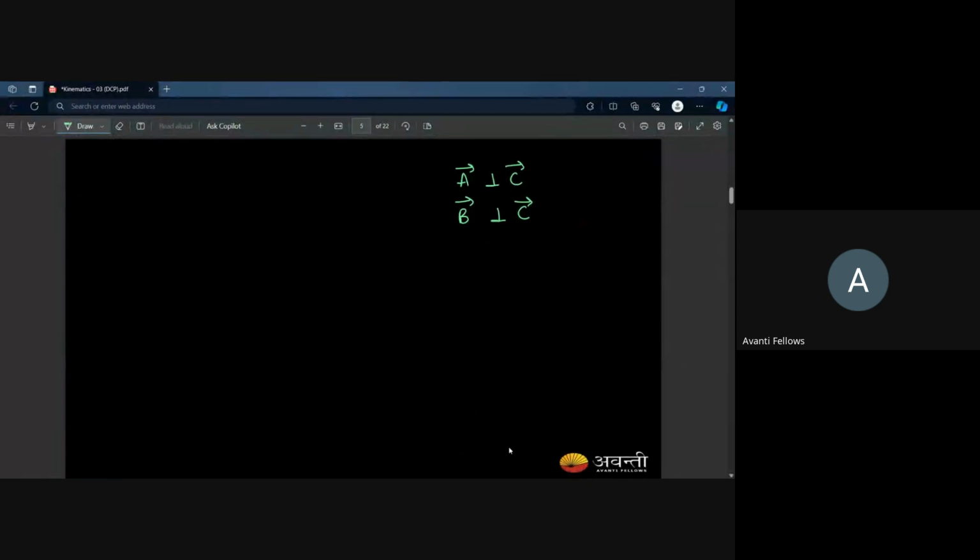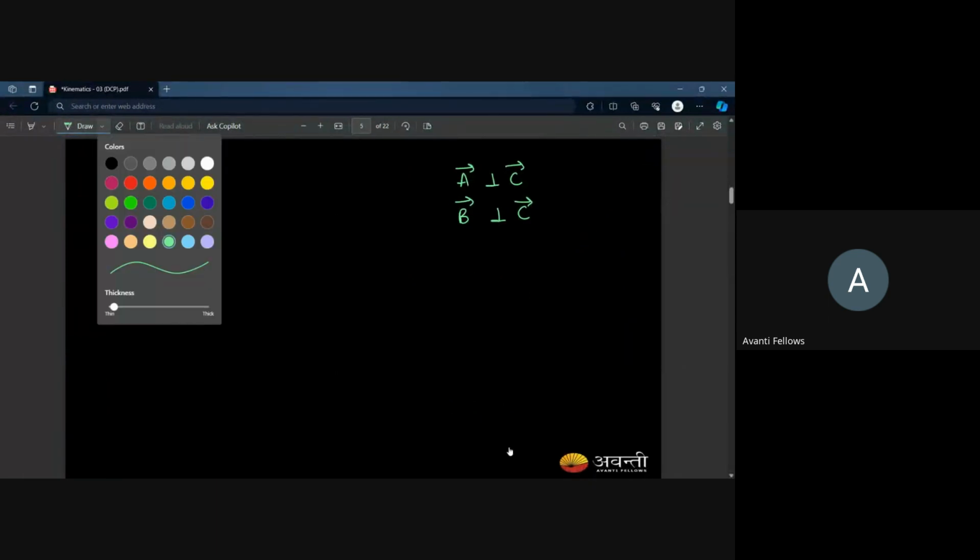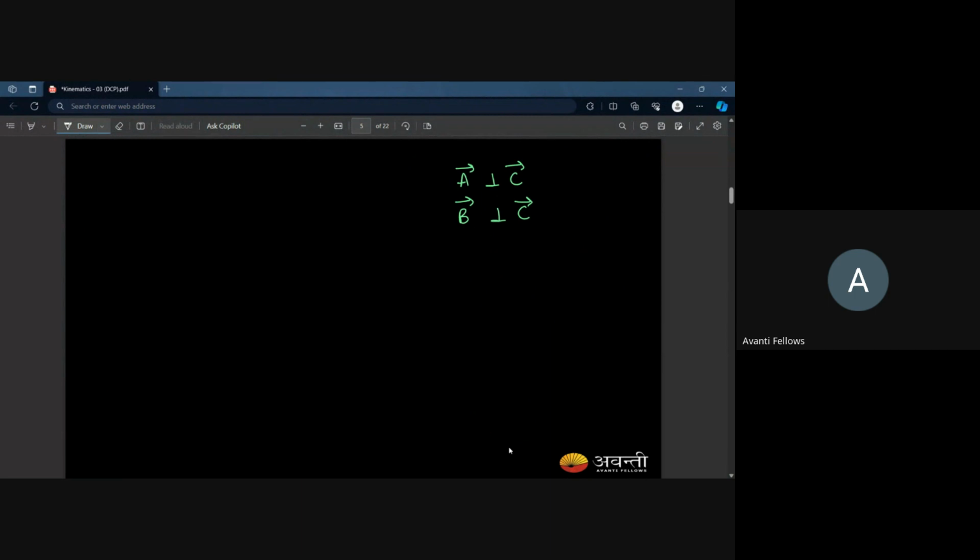One more thing which I want to add here: let's say this is the vector A, and this is our vector B. The angle in between these two vectors is theta.